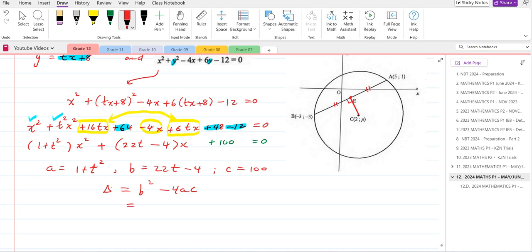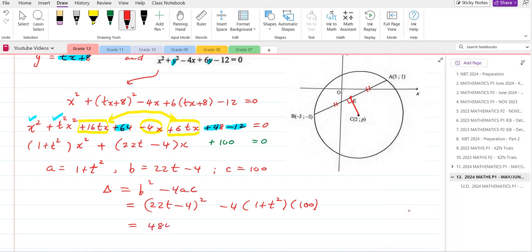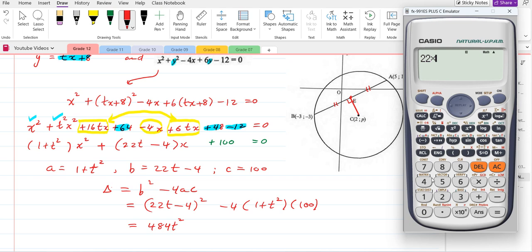B squared will be 22t minus 4 squared, minus 4. A is 1 plus t squared, and c is 100. Now 22 squared is 484t squared. 22 times 4 times 2, that is 176.